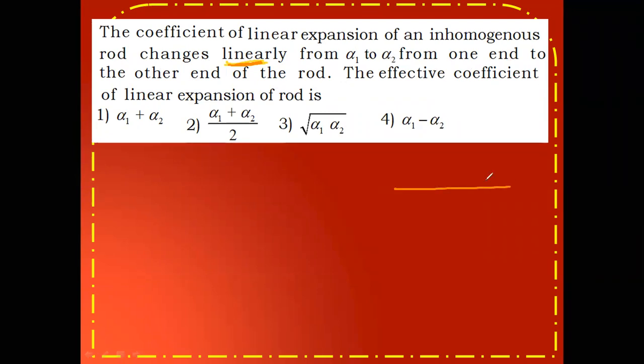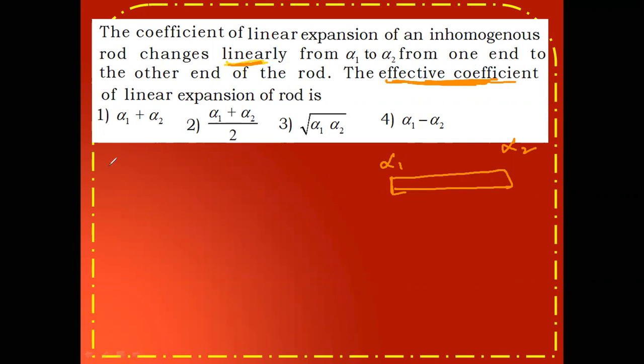So the value at one end is alpha 1, at the other end is alpha 2. The alpha value changes from alpha 1 to alpha 2. They ask you to find the average effective coefficient of linear expansion.